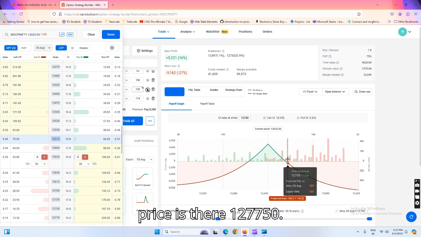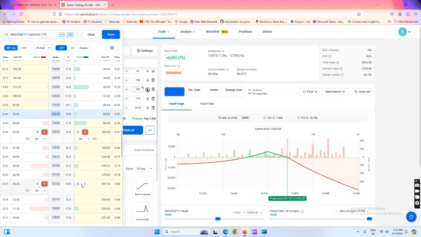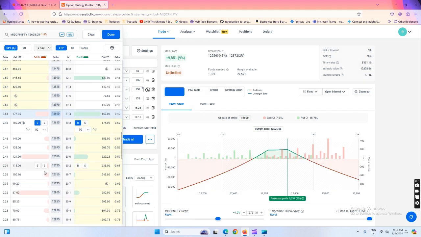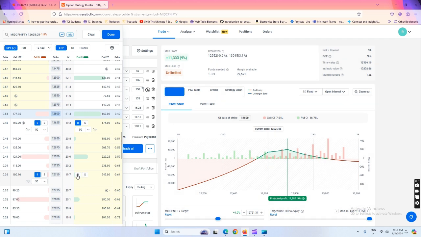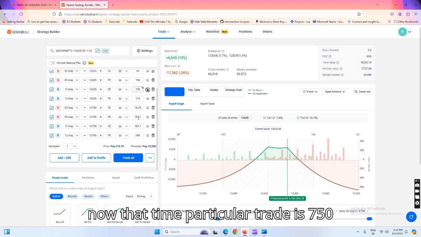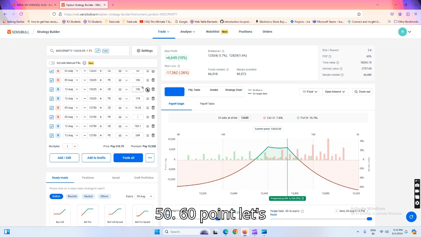Whatever the strike price is there, 1270, 750. Let's take sell, sell, and buy 750. Now you see the logic here: that particular trade is now 750, which means it will be 1087, around 50 to 60 points.